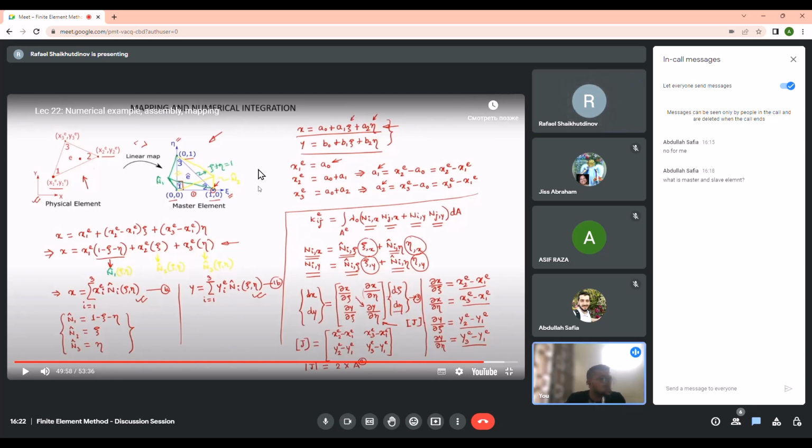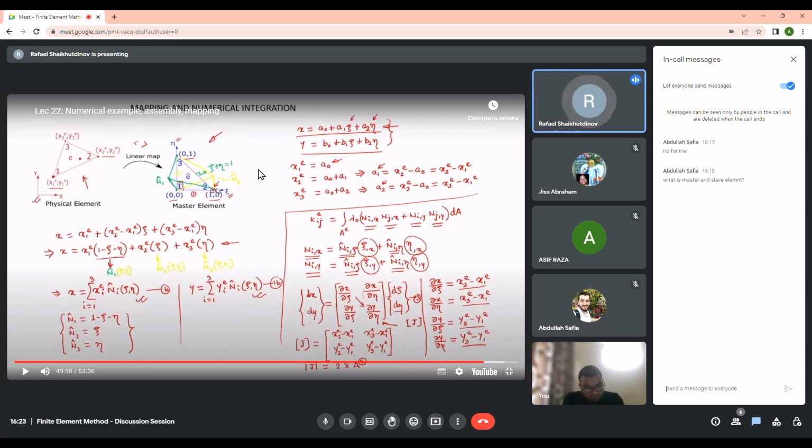So it's just the naming thing, in line with what I am trying to say. If Abdullah saw all lectures of week 7, he knows that it is a parent element, not master element. Okay, just call it master element. So master element is my parent element, and the slave element, which I'm saying, is the actual or physical element present in the system. Thanks for the clarification, Rafael.